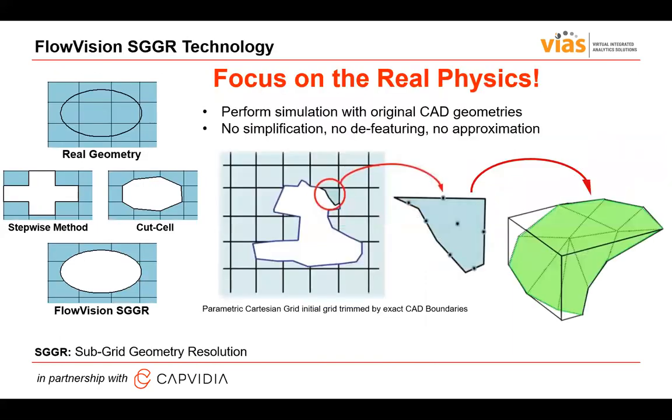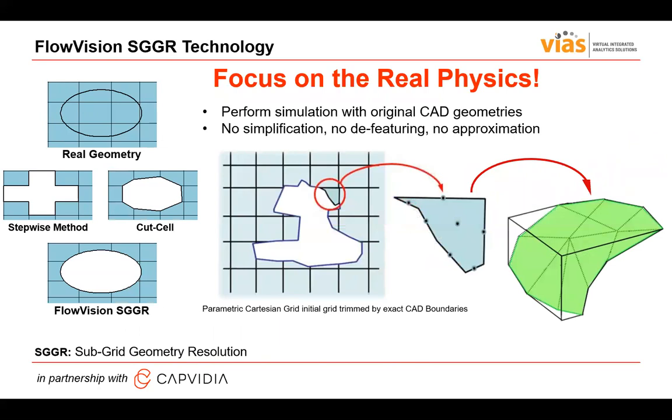Having said that, I would like to dive into the main differentiator technologies of FlowVision, and on top of that we should be talking about the SGGR technology, where the abbreviation stands for subgrid geometry resolution. Here the idea is focusing on the real physics, a part of which is the real geometry.